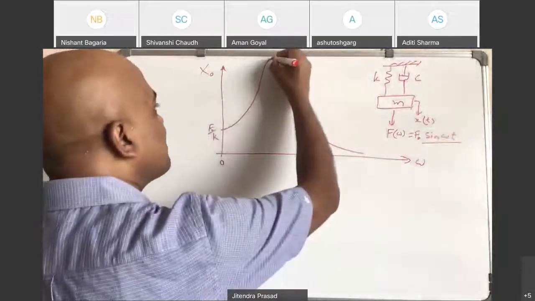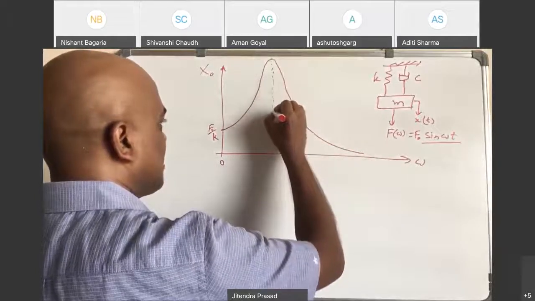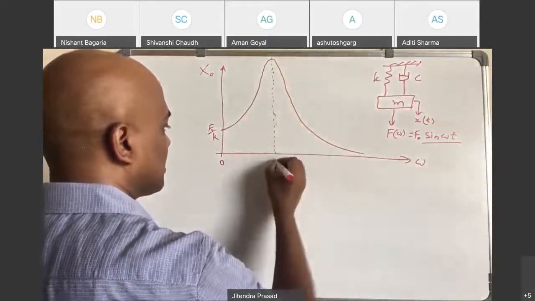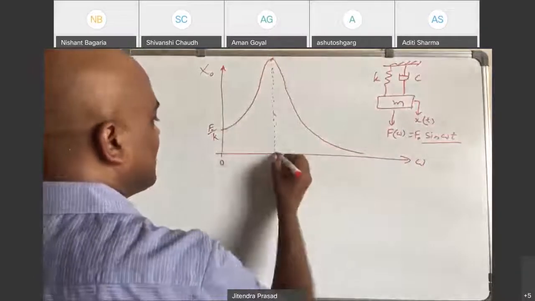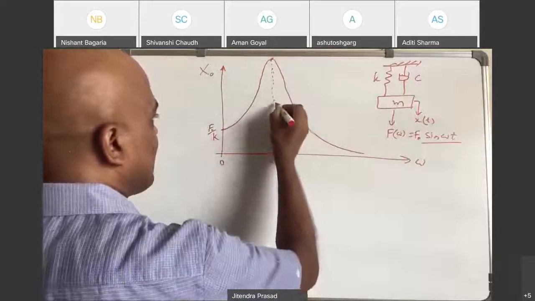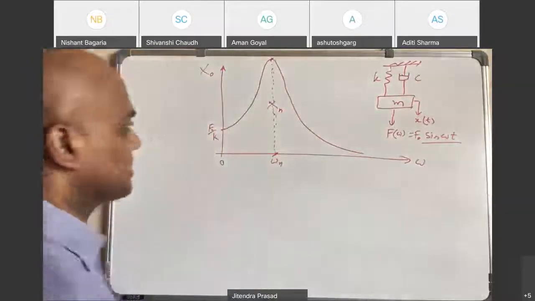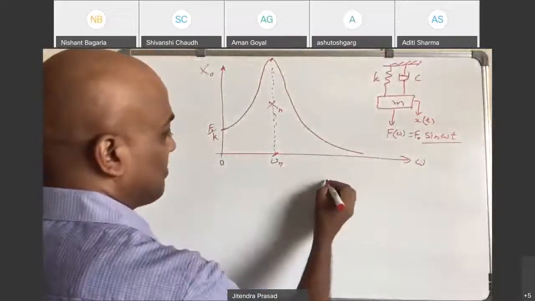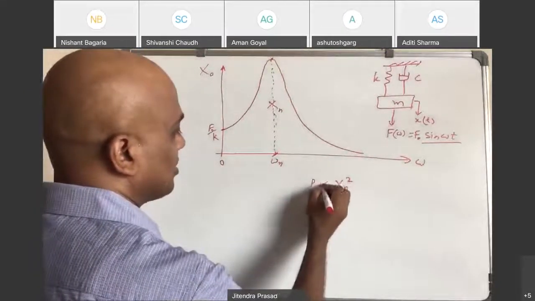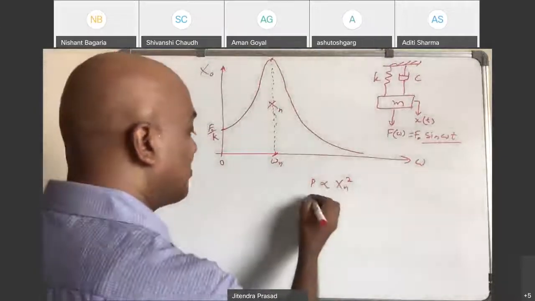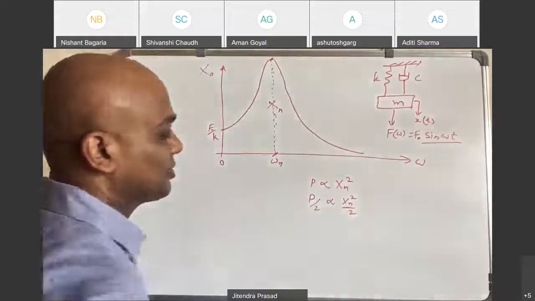Now, what we are assuming is that the highest point will always correspond to omega n. The value from here to here, let's call it xn. Half power points means, as I said earlier, power is proportional to xn squared. Half power will be proportional to xn squared divided by 2.